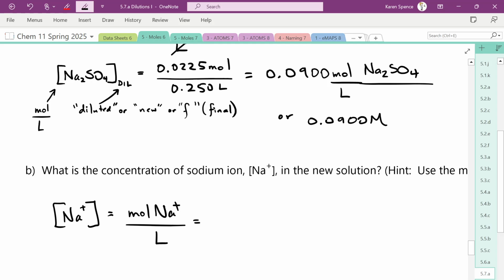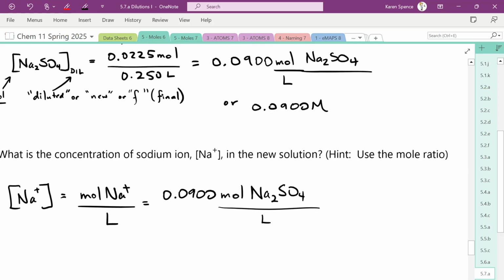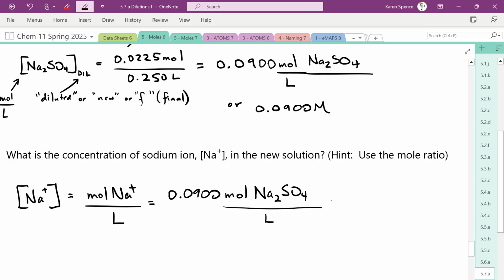And we are starting with 0.0900 moles of Na2SO4 per liter. What do we want to cancel?